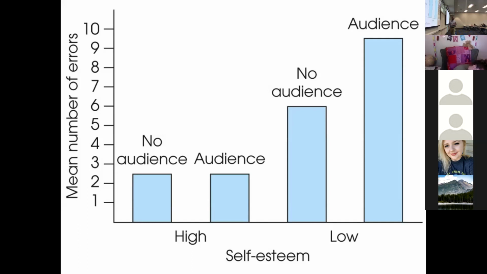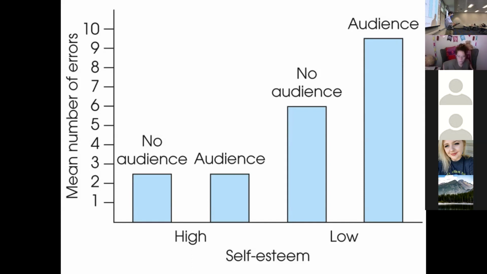So, an example of a two-factor design would be us looking at self-esteem and whether there's an audience on how many errors you make during a speech.